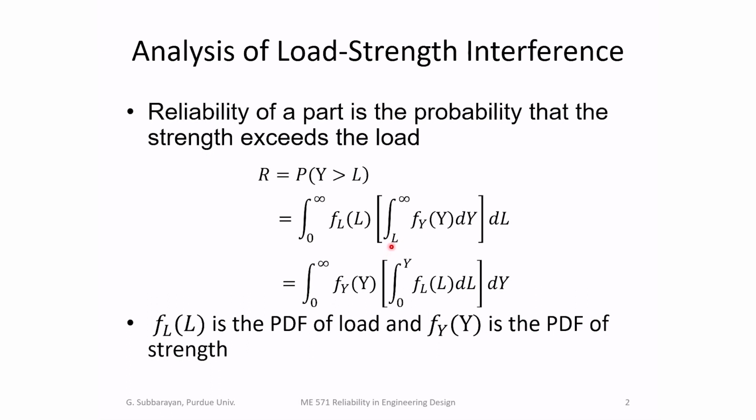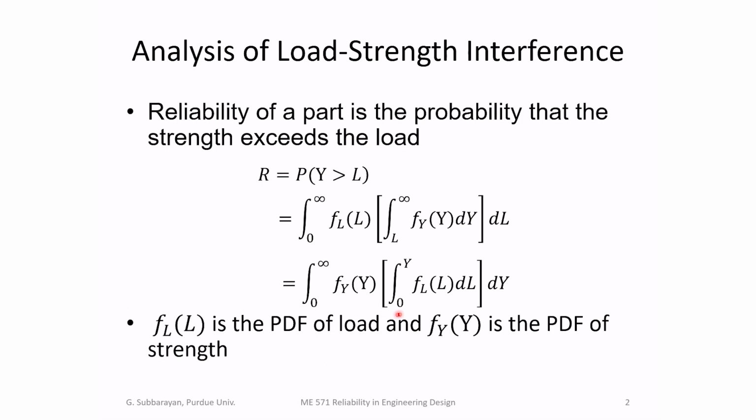You could also ask the converse question. For any given strength Y, we can ask the question, what is the probability that load would be less than the strength Y? Here we ask the question, given a load value, what is the probability that the strength would exceed the load?